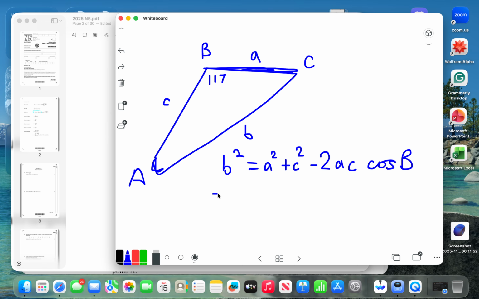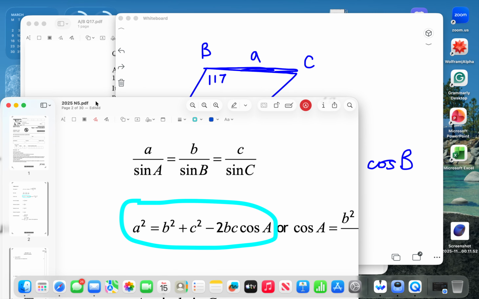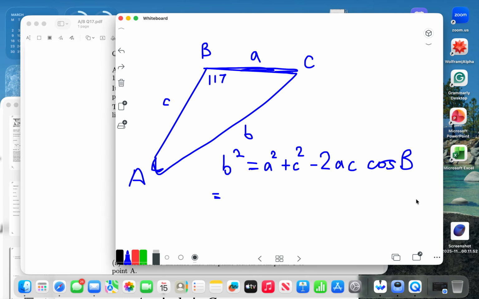Let's plug the values in. Small a, which is essentially BC, is 155, all squared.